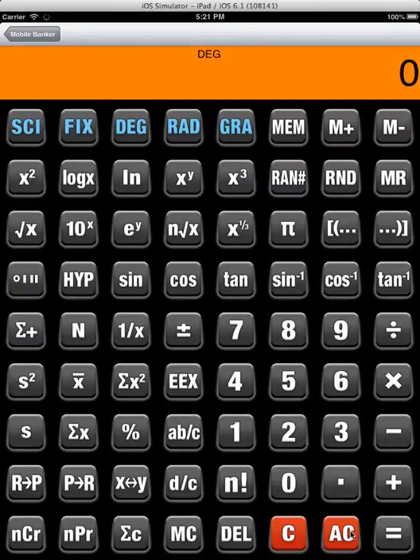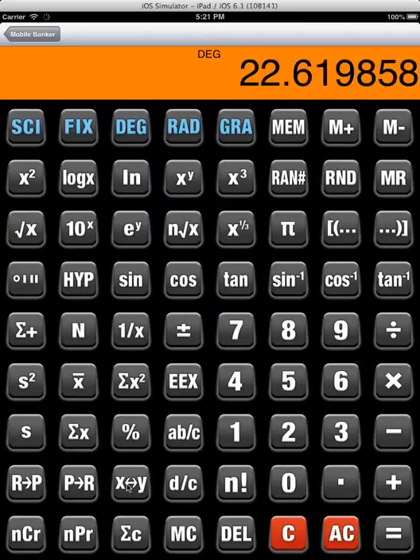That's what rectangular to polar is. We can do a polar to rectangular, 13, 8, this, that's that. So 12, 5 equals, okay, rectangular to polar.